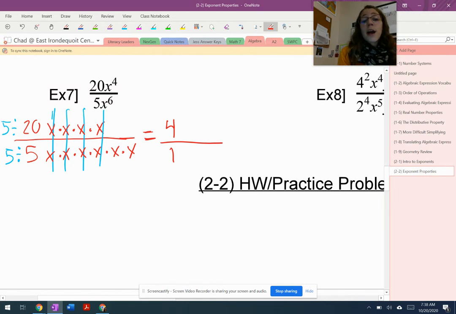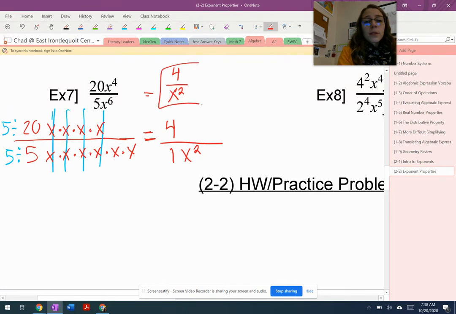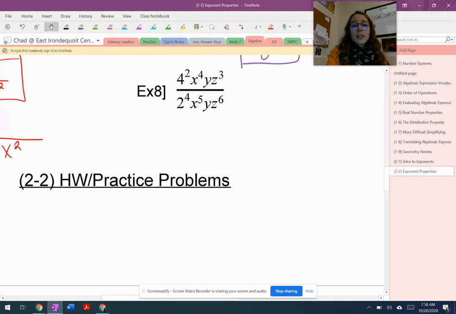Those 2 X's are on the bottom of that fraction. So I need to leave them on the bottom of that fraction. So this final answer is 4 on the top with X squared on the bottom of that fraction there. I'm just going to rewrite that. 4 divided by X squared.